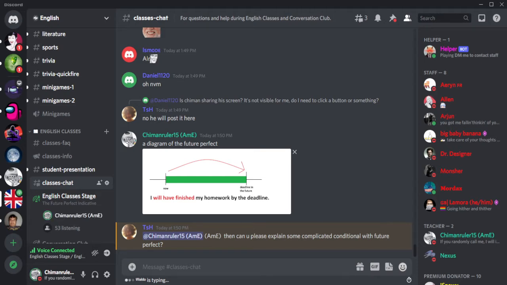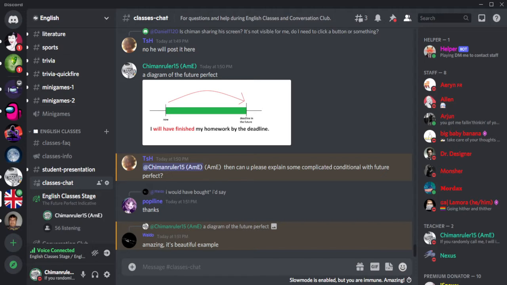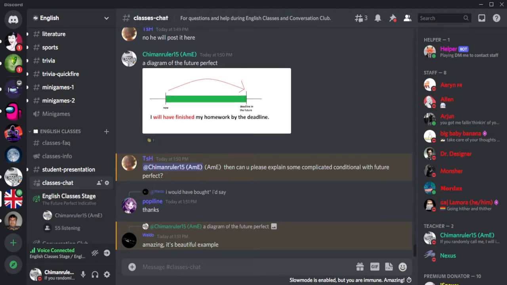It's really like would have plus a participle, the conditional perfect or the past perfect or past simple, subjunctive stuff like that. Amazing. It's a beautiful example. Oh, thank you.